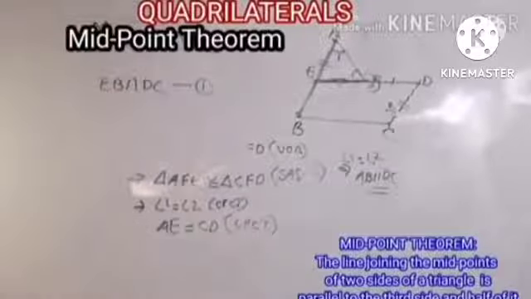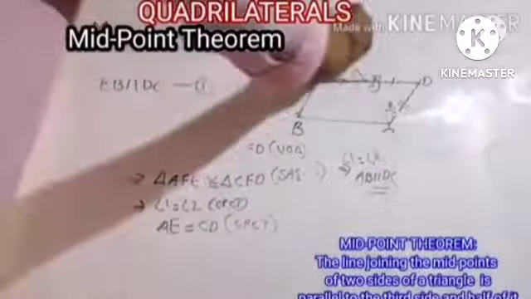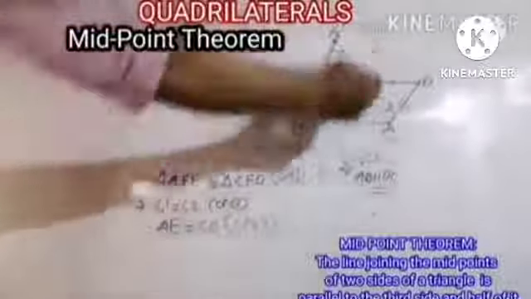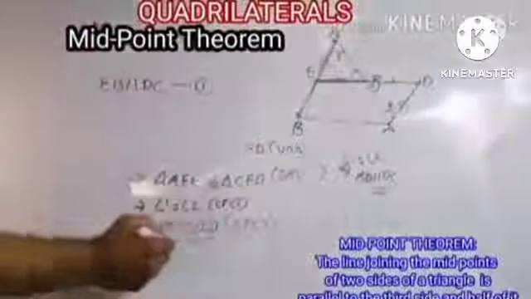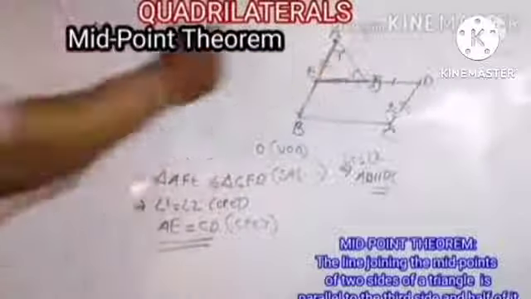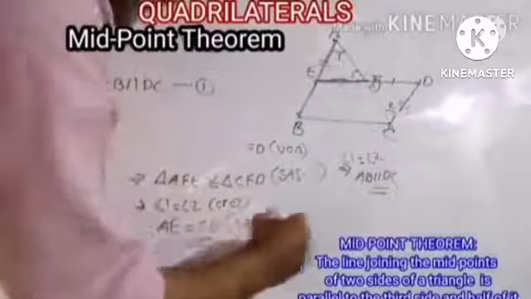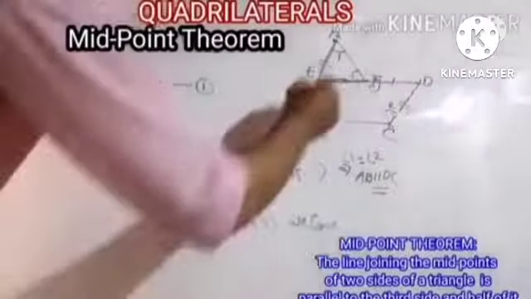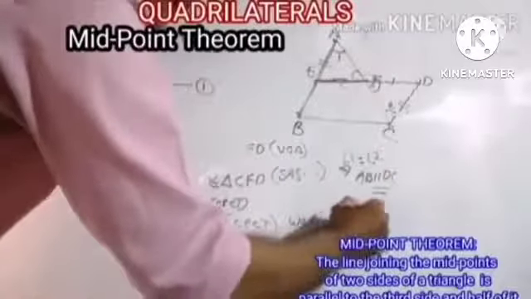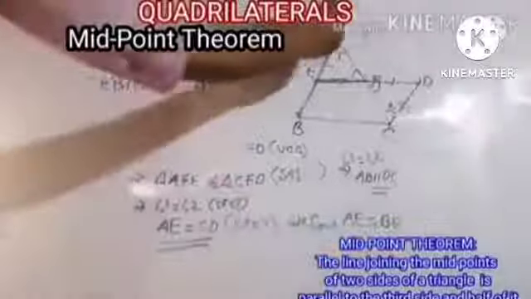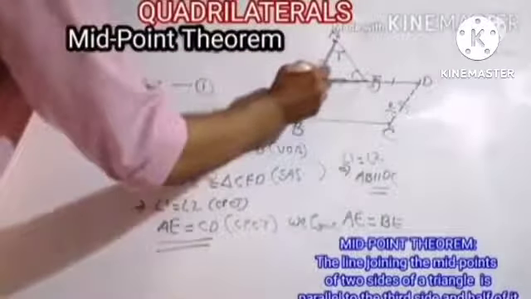Also we have AE equal to DC, which we got from here. Also we have AE equal to BE. Why?